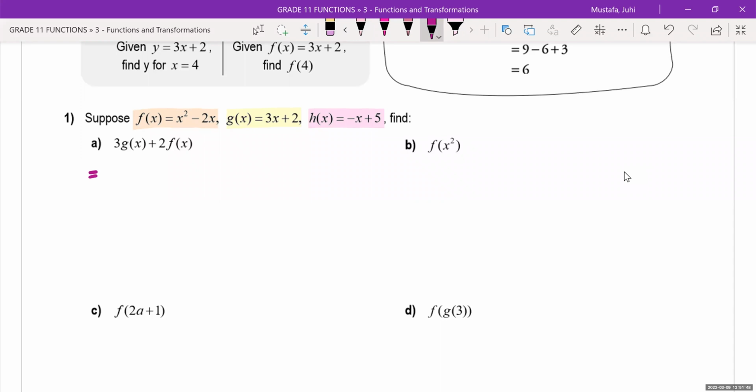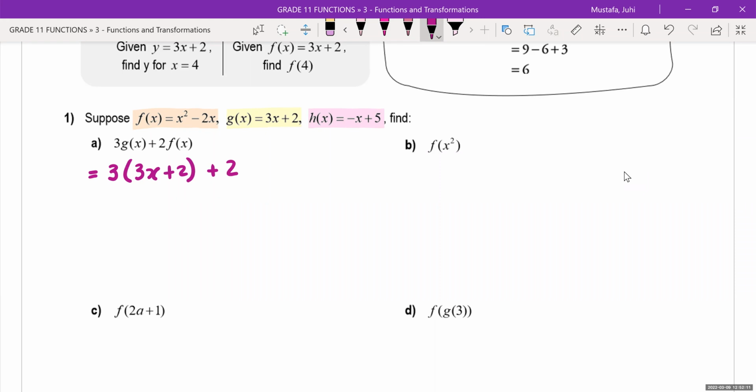It says 3 times g of x. So we're going to write the 3, and g of x is what? What's the equation for g of x? Yeah, so we're going to replace g of x with the entire function 3x plus 2, plus 2 times f of x.